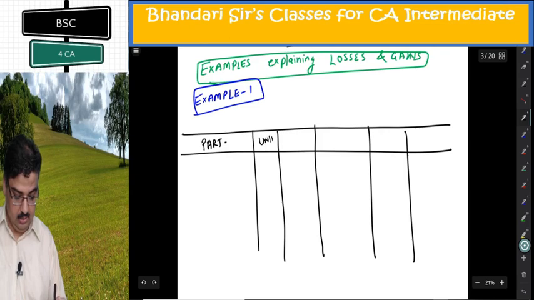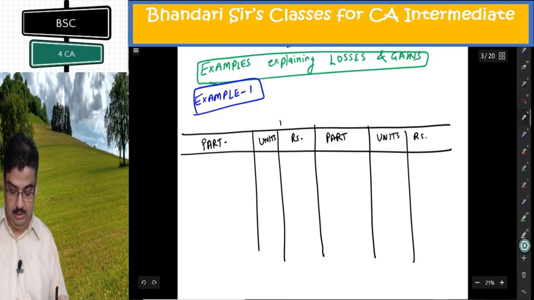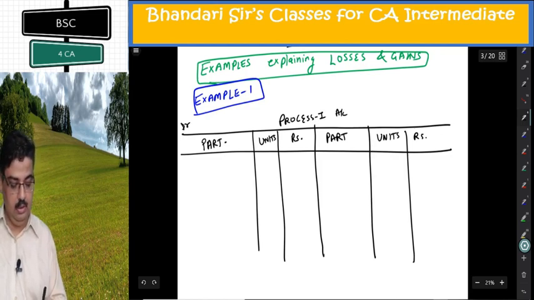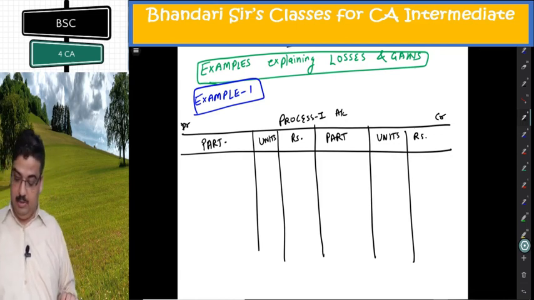Particulars, units, rupees. Particulars, units, rupees. Process 1 account, debit, credit. A product passes through process 1 and process 2.